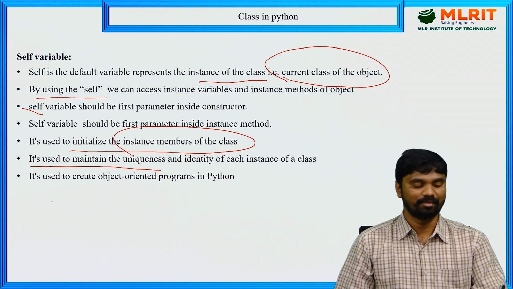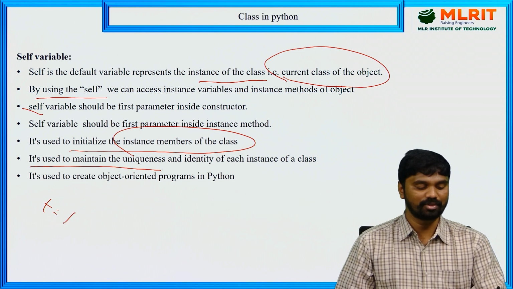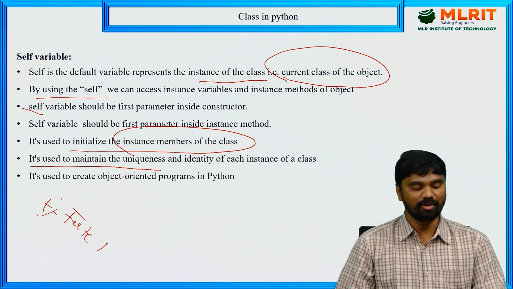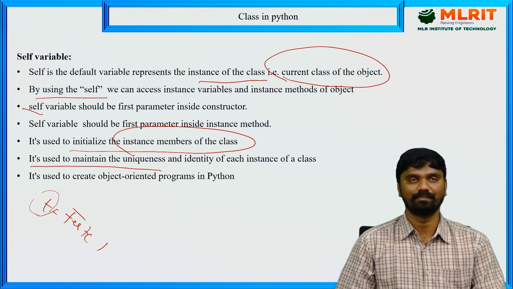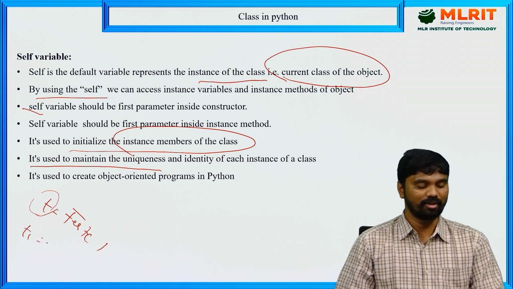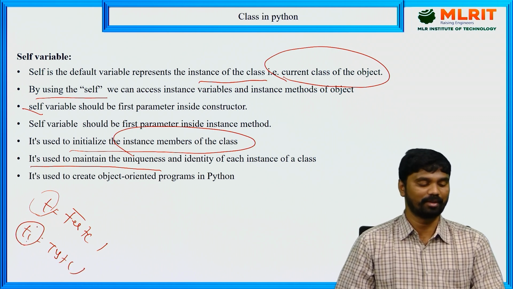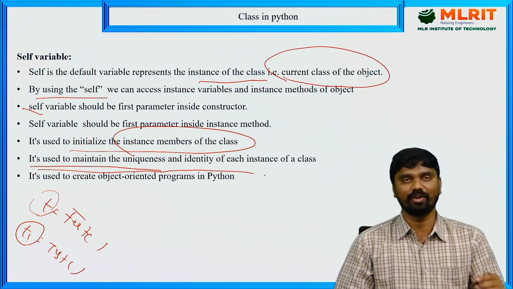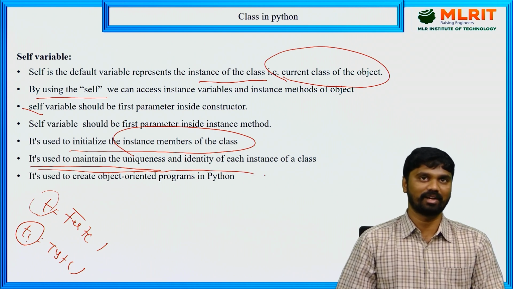For example, t equals test. Here we created one object, and a unique identity value will be generated. For t1 equals test, also a unique identity number. So it is used to maintain the uniqueness and identity of each instance of a class.